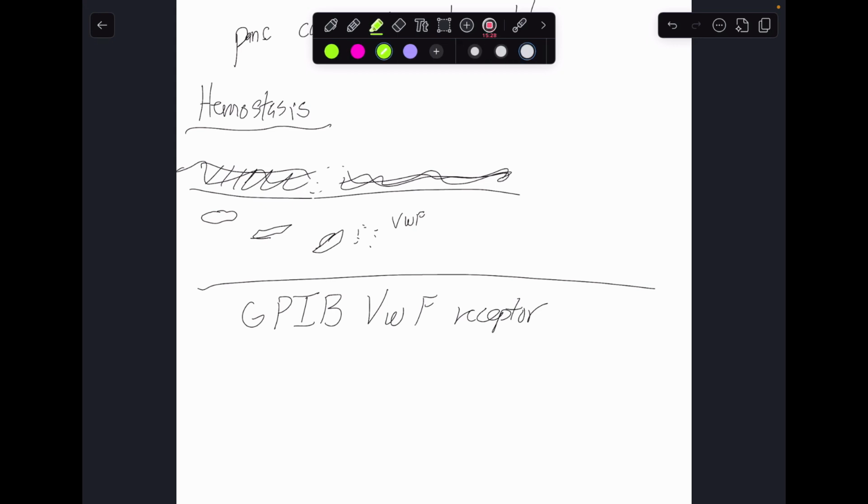And if that collagen is exposed, then our platelets and the von Willebrand factor combine, and they get activated and they puff up. So if we have any damage to endothelial cells, they can bind to the exposed basement membrane, which can move to activate the platelet.